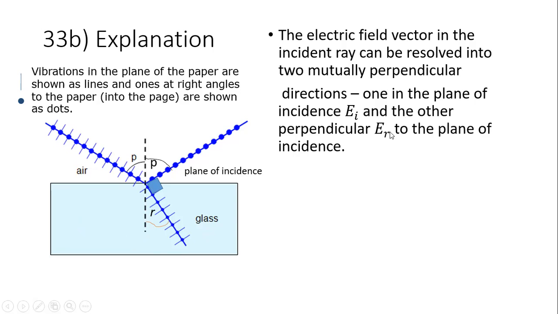And the other perpendicular, ER, going in and out, the dot is ER. Usually we deal with amplitude, or with electric field, not magnetic field, and then after that we convert it to intensity.